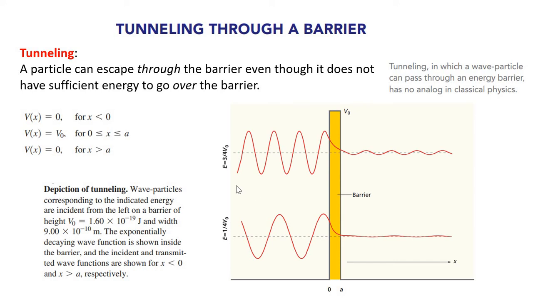So for example, this is 1/4 V0. Here it is the V0 height, and you see it's a much lower level, almost 1/4, 25% of the height of V0. That means E is much less, and here E is very close to V0 because it is 3/4 of V0, the higher level.